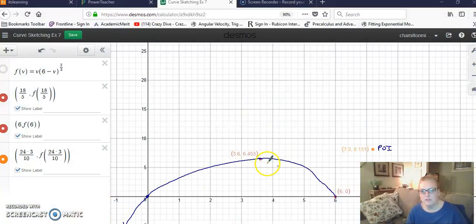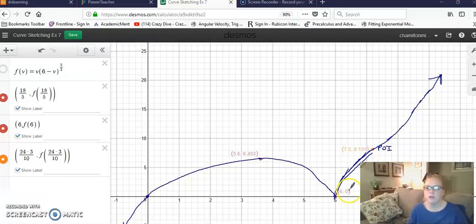So down and then down kind of to there. Sorry, it's hard to sketch with this. And then it's going to be up in some fashion going that way the rest of the way. So it's probably going to be a fairly subtle one. And then we can go ahead and turn it on, and we can see that's what our answer is, and we're fairly close to that. So that's the end of example 7.